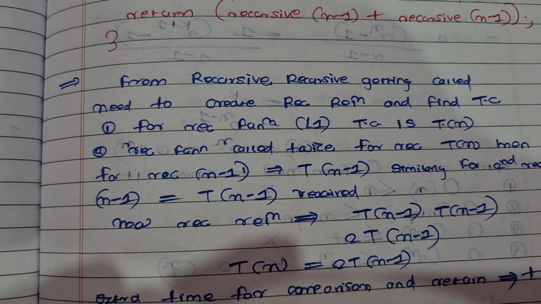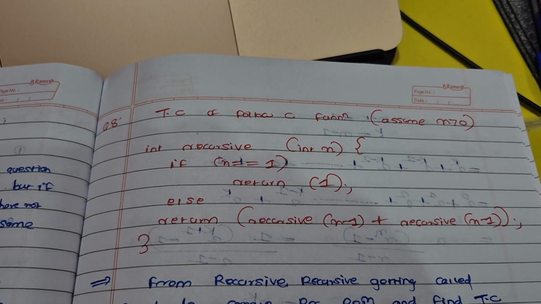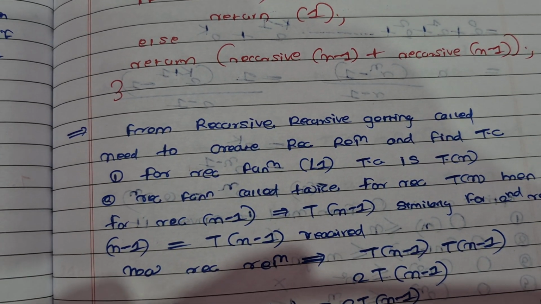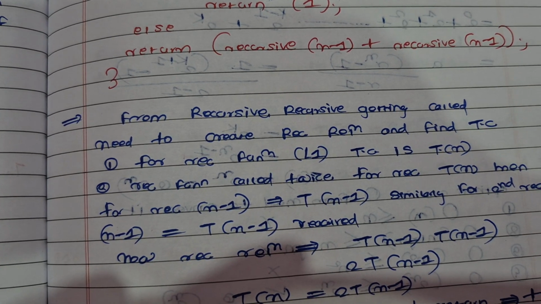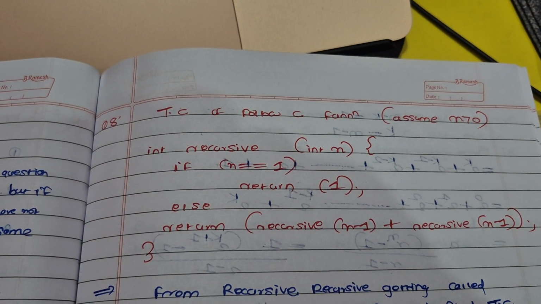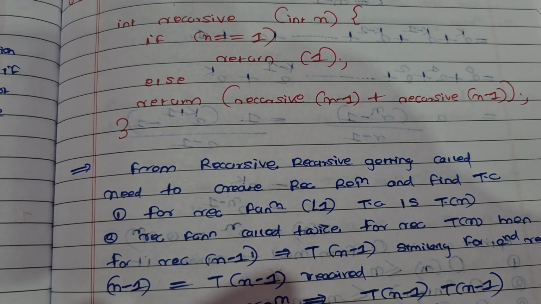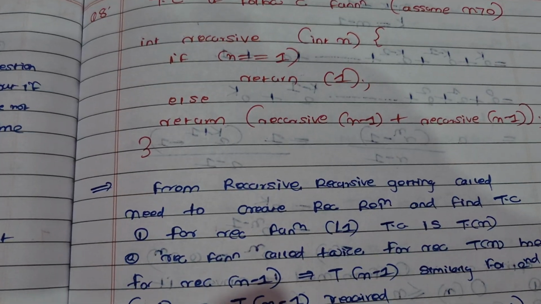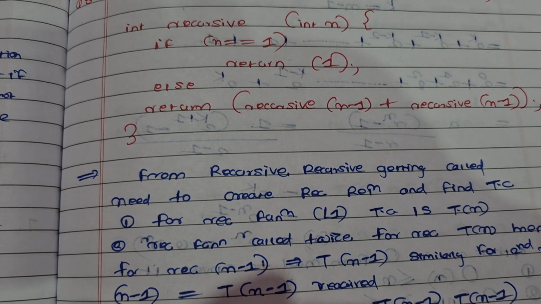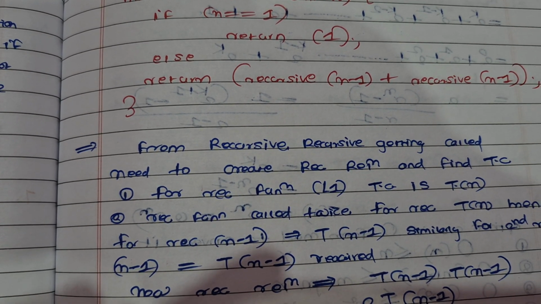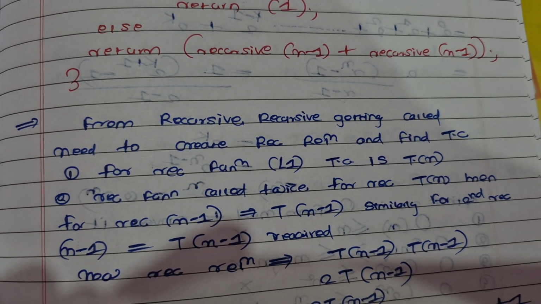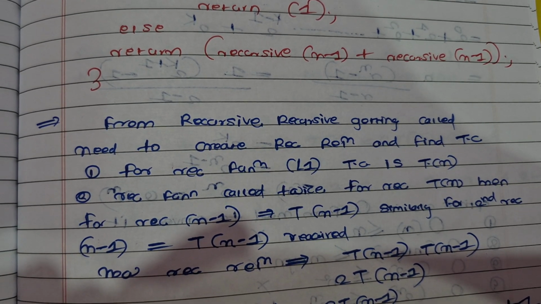From the recursive function, the function is called again recursively, and we need to create the recurrence relation and find the time complexity. For the first line, the time complexity is T(n). The function is called twice, so for each call T(n-1) would be required.